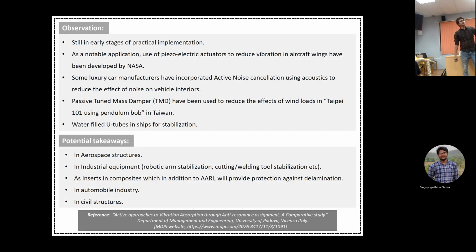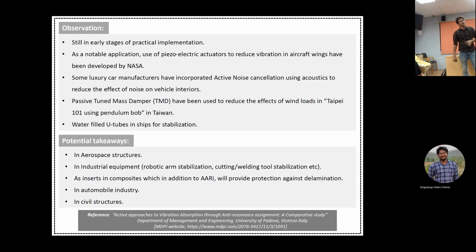This has been implemented with NEMS actuators by NASA in reducing vibration in aircraft wings. Passive tuned mass dampers have been around for centuries. A U-tube filled with water is used to stabilize ships, and Taipei 101 in Taiwan uses a pendulum bob.